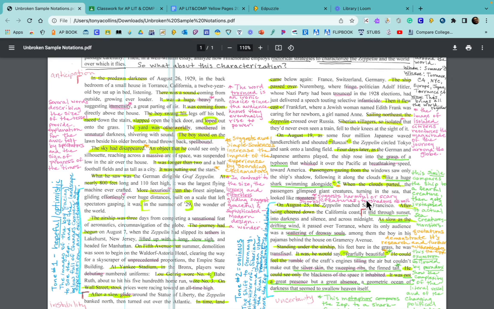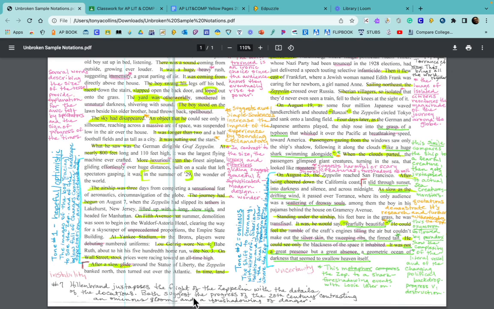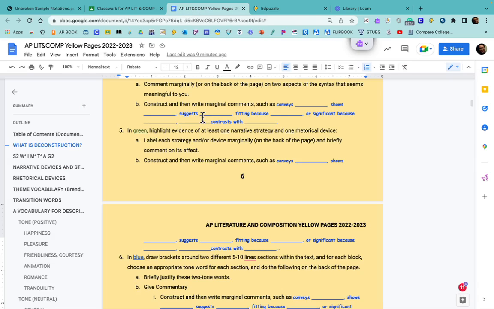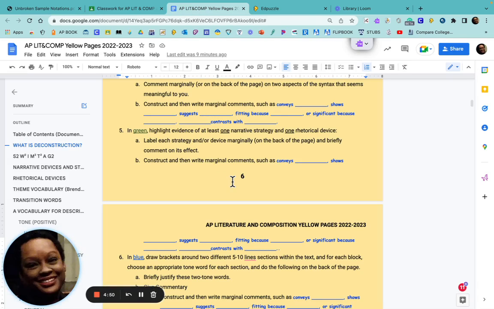She uses simile, oxymoron, paradox, and you can see here down at the bottom, she uses juxtaposition as well, which is number 7. You see number 7 right there? It is best that you use the sentence stems that I give you in the yellow pages, yellow page 6.